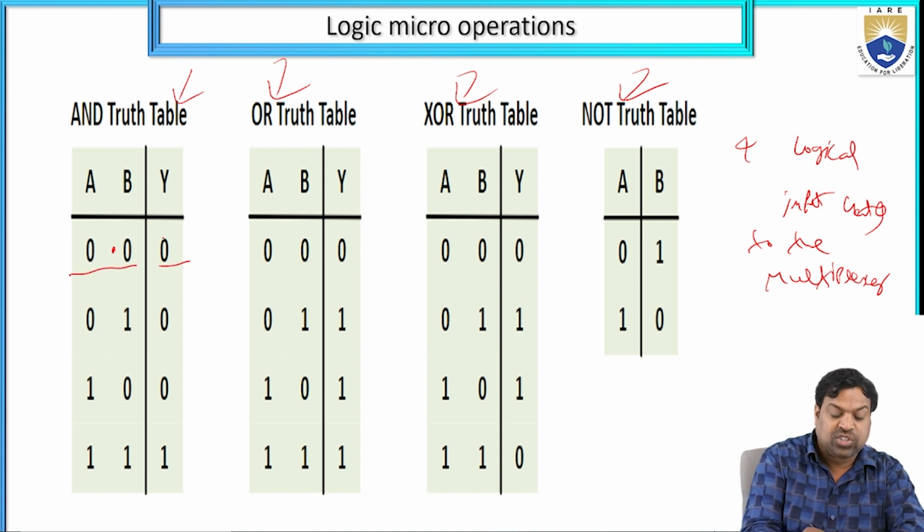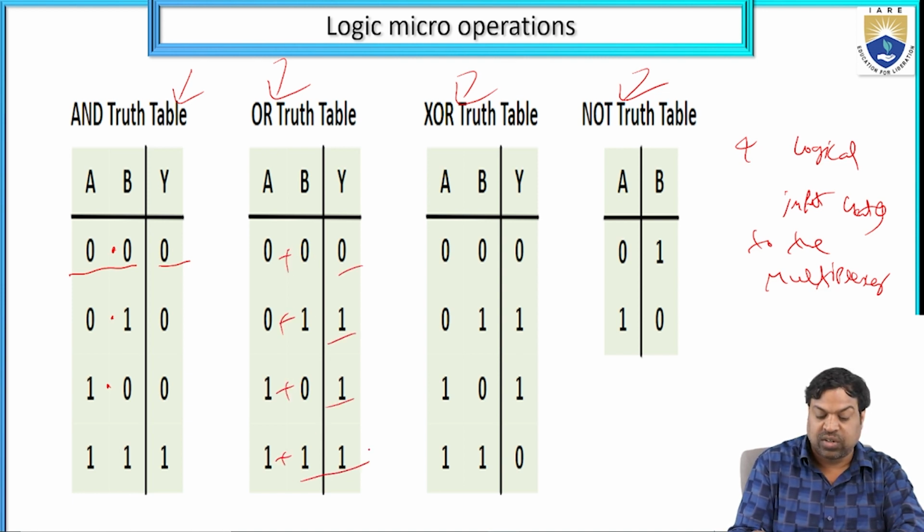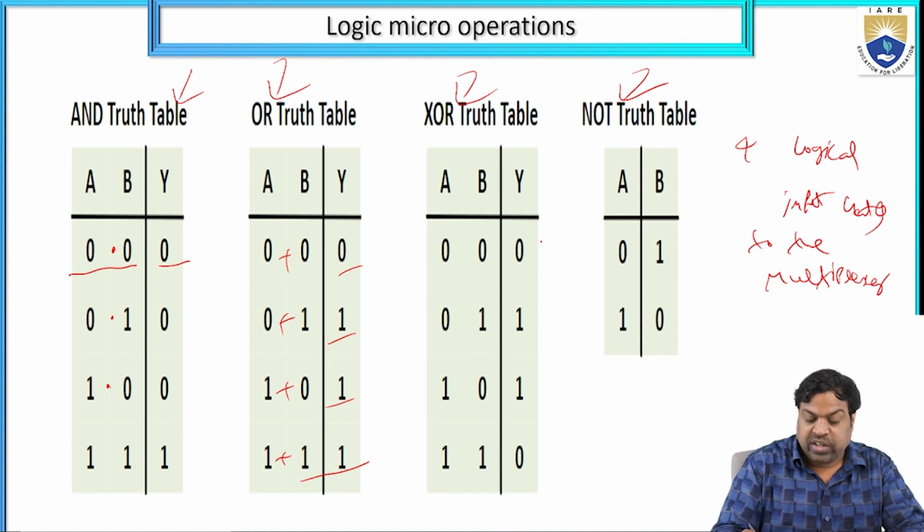Because AND: 0 into 0 is 0, 0 into 1 is 0, 1 into 0 is 0, 1 into 1 is 1. OR: 0 plus 0 is 0, 0 plus 1 is 1, 1 plus 0 is 1, 1 plus 1 is 1. XOR: 0 and 0 is 0, 0 and 1 is 1, 1 and 0 is 1, 1 and 1 is 0. So when I'm going for the XOR gate, the formula A into B bar plus A bar into B is applied here. NOT gate means complement.